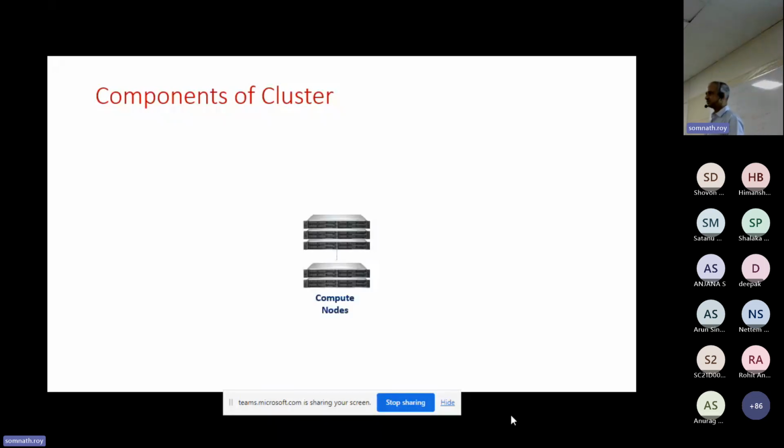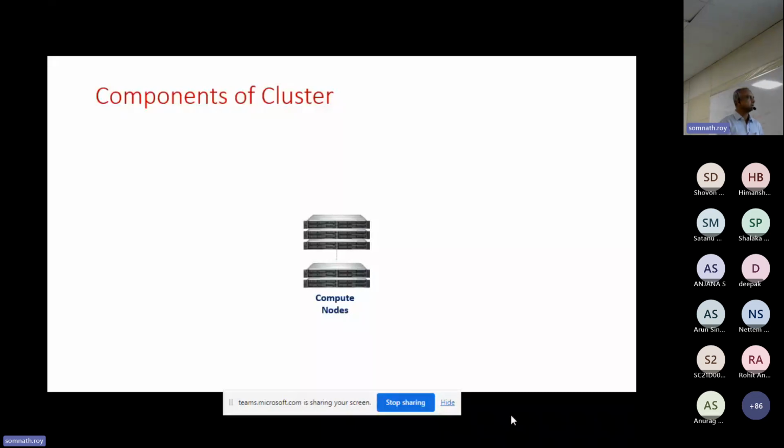So you need compute nodes. A compute node's structure is no different from your laptop. Any computing system in the world, whether it's an embedded system or a supercomputer, has these elements: CPU, memory, I/O. All of us know that. So the same thing appears here.